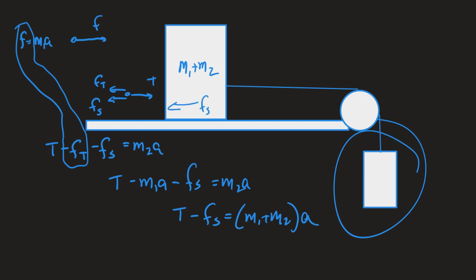It's because we're told in the beginning of the question that they move together with the same acceleration, and that's why we can jump to that. But you can treat it as two separate boxes, but that frictional force is going to act in opposite directions on both, and it will cancel out.